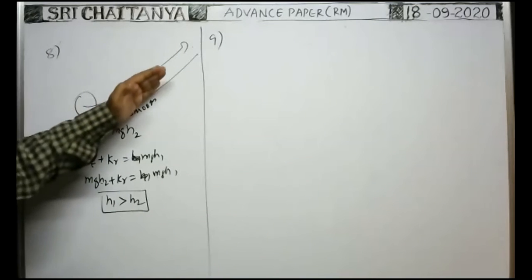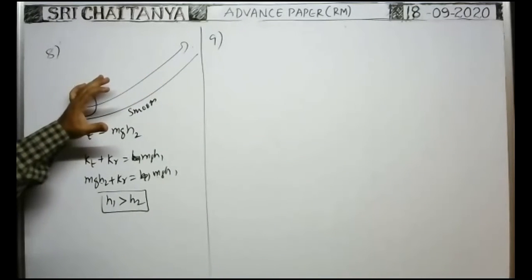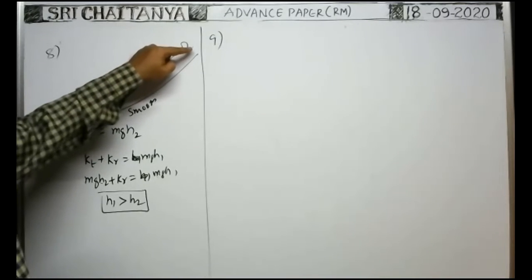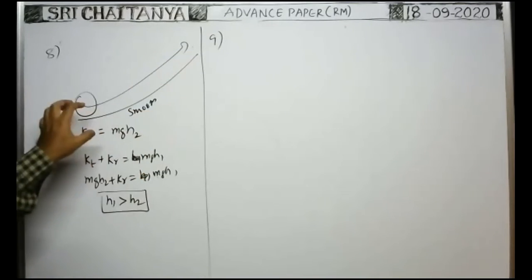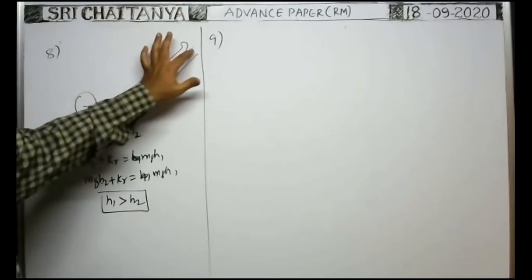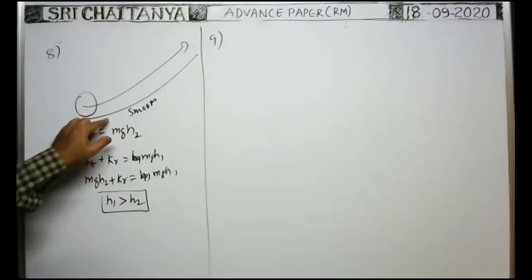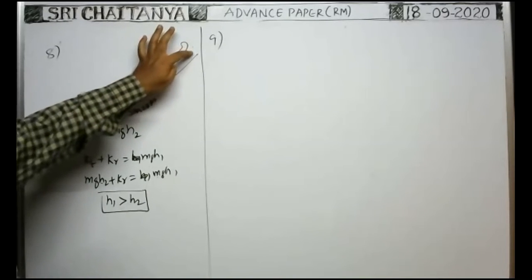On the smooth horizontal surface, when the body is projected, it travels without rotating and reaches the height h2. That's why translational kinetic energy becomes potential energy, so Kt is equal to mgh2. If it is the rough surface, it rolls without slipping and reaches the height h1.